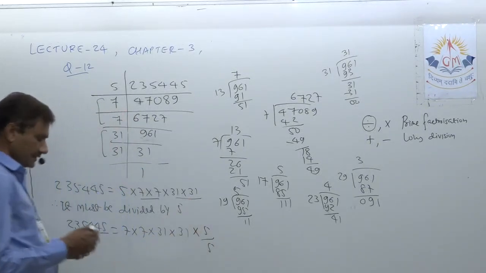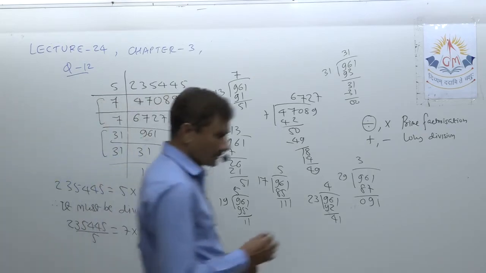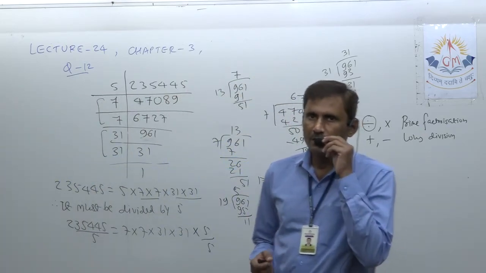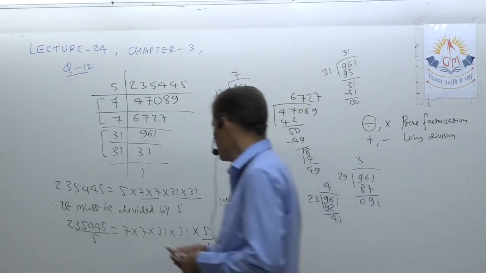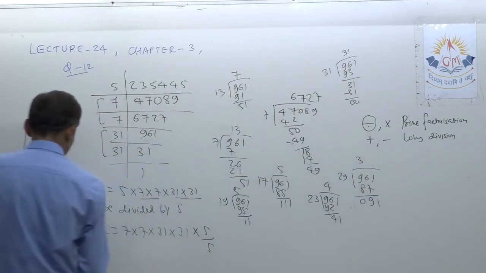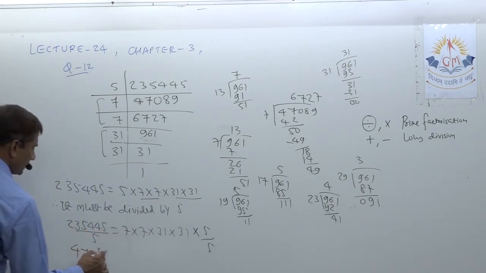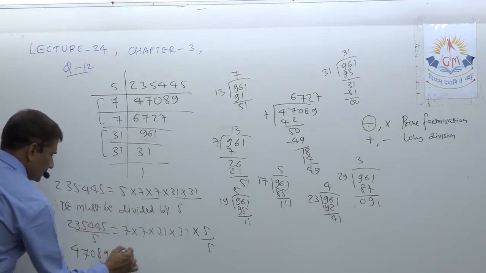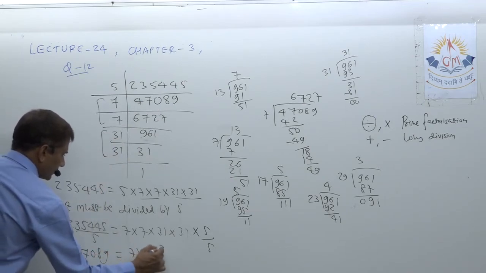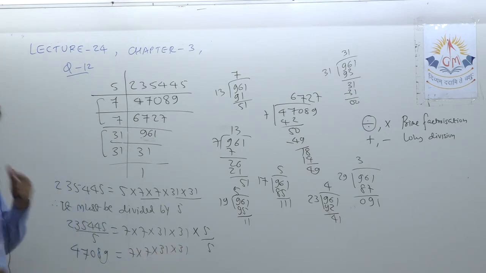So on both sides we are just going to divide by 5, for getting a perfect square number. Okay. So it will be here 47089, equal to 7 into 7 into 31 into 31.